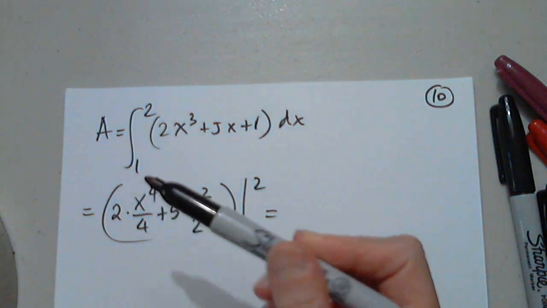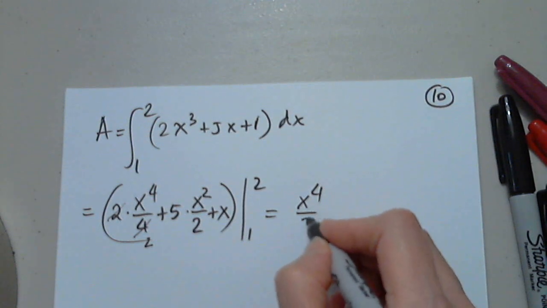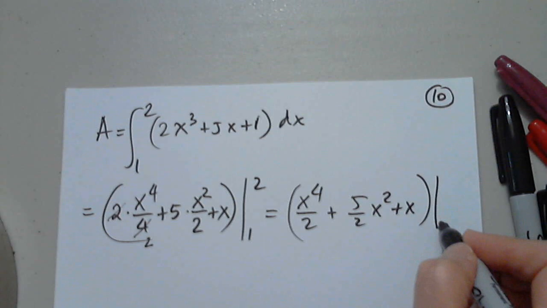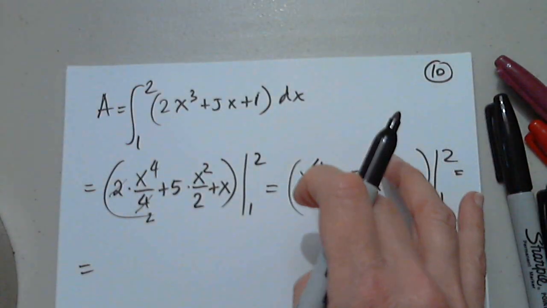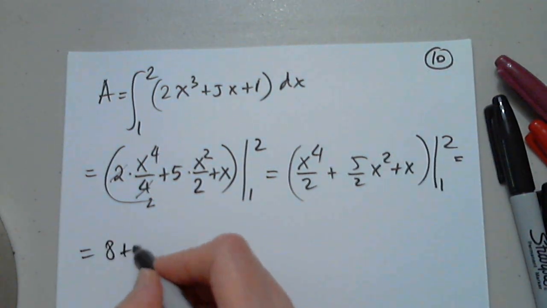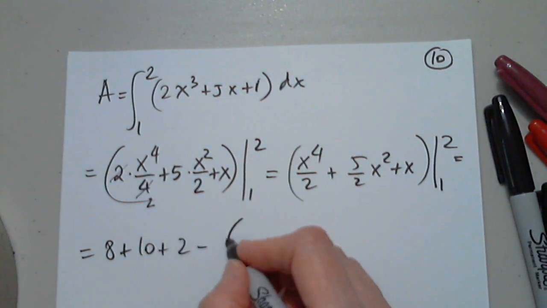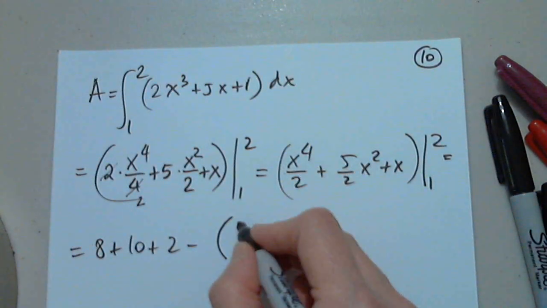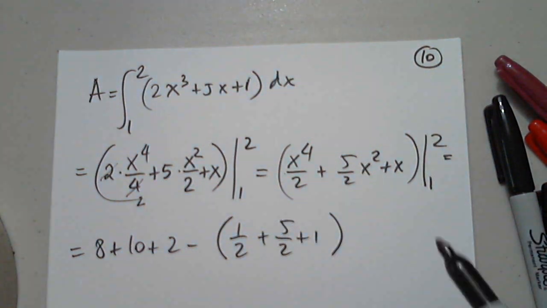So I'll simplify by 2, and I have x to the 4th over 2 plus 5/2 x squared plus x. This time I have to plug in both because this is not 0. So I plug in 2. 2 to the 4th, 16 divided by 2, 8, plus 4 over 2, 2, plus 10, plus 2. But careful, minus. Better to put it in parentheses so you don't forget something. 1/2, 5/2, and 1.